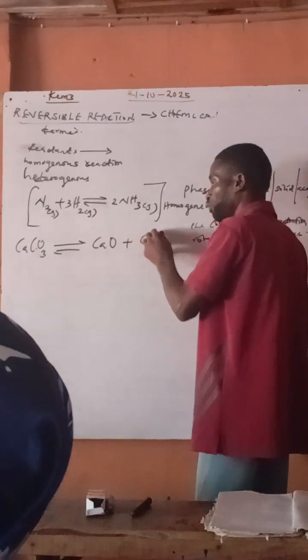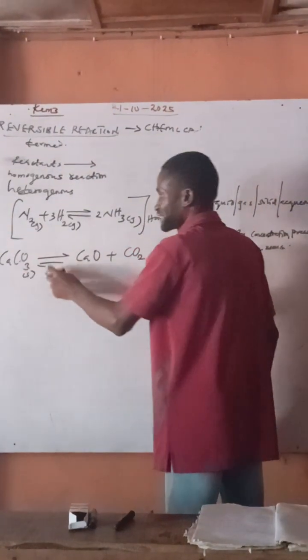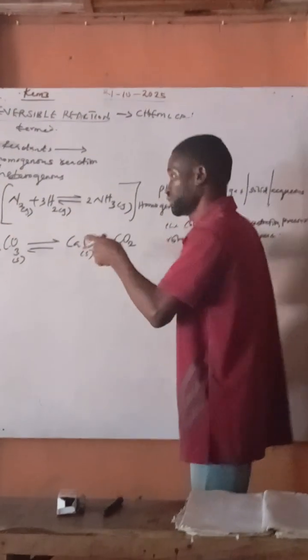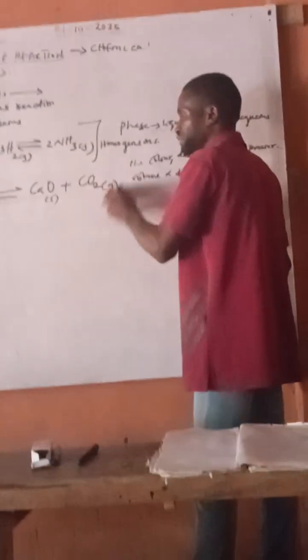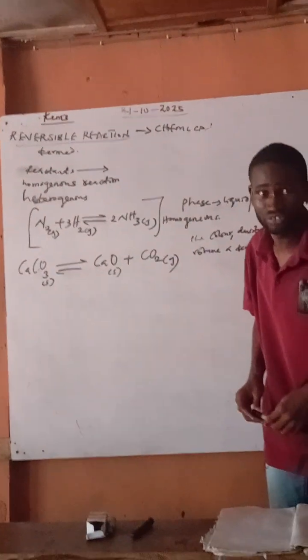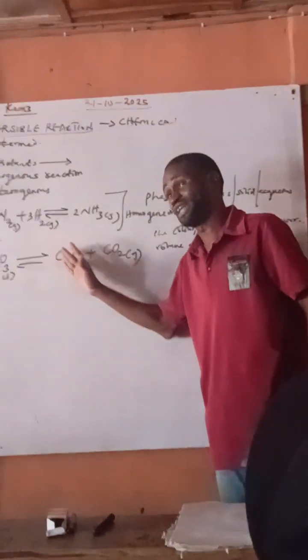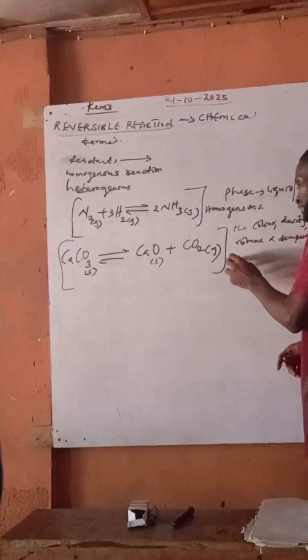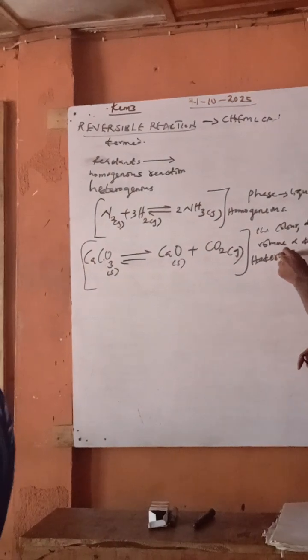Then I will have CO2. So this one is solid, this one is solid, we use it for cement, limestone. Then this one is gas. So this is solid and gas. Are they the same? No. Are they the same phase? No. So because they are not in the same phase, this one is heterogeneous. Right here? Yeah. So this is heterogeneous. So yeah, copy.